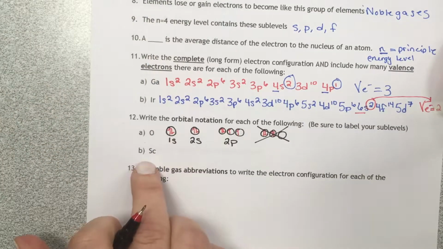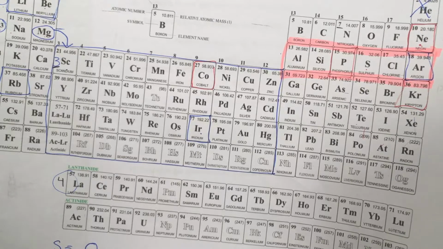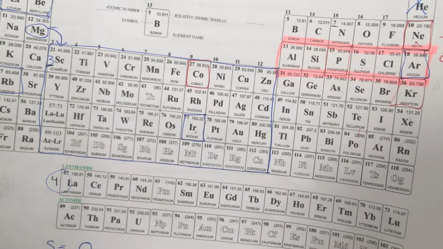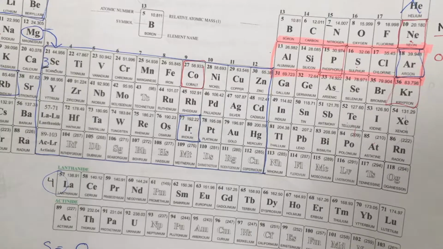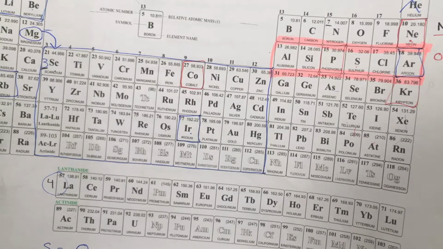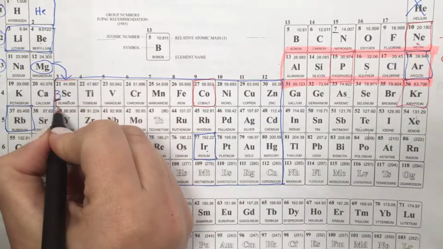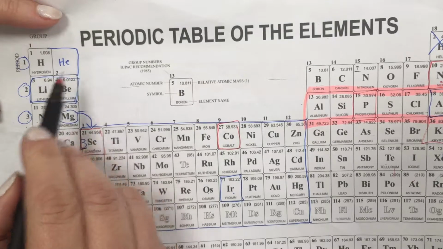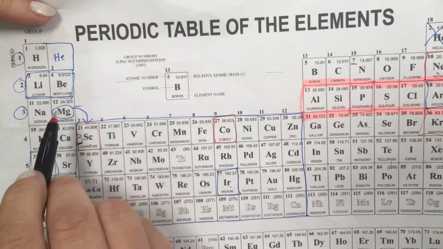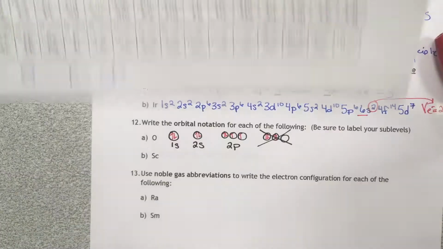All right, scandium, where is that? I am like so tired and I cannot find anything anymore. Scandium, let's see. There it is, okay. So let's do orbital notation for these. So we have a 1s, a 2s, a 2p, 3s, 3p, 4s, and a 3d, okay?